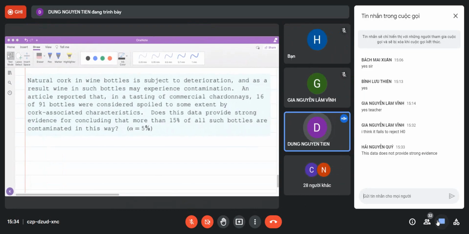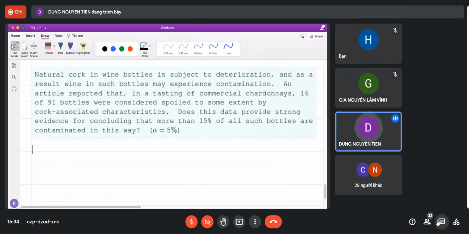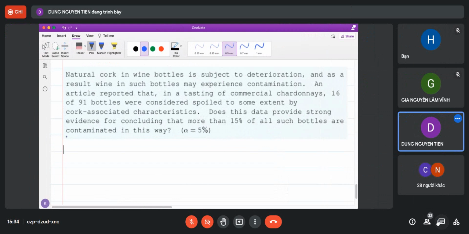Okay, let's see. This is H1, and then you get p is more than 15%. Is that clear?